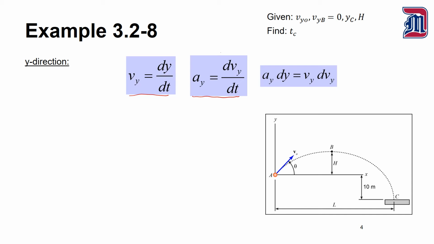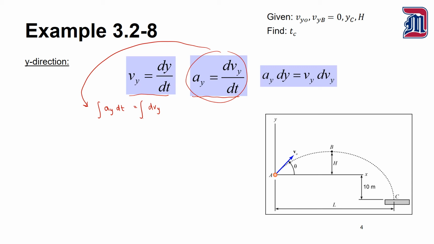So first, I'll start with the acceleration equation. And so I have a sub y. Again, I can take that dt and multiply it to the left-hand side. On the right-hand side, I have dvy. Integrate both sides. In this case, I'm going to do it generically, so I'm going to get a generic expression for v sub y.